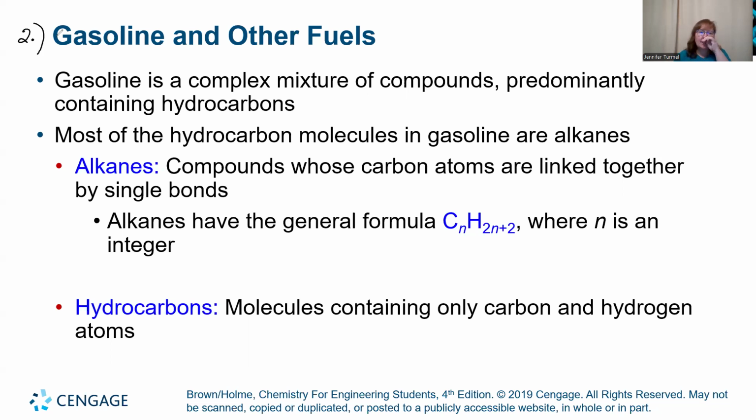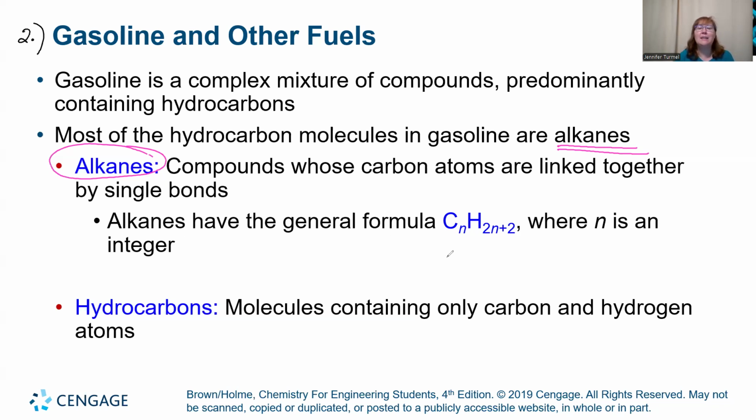We're looking at gasoline and other compounds that are primarily or predominantly hydrocarbons. Most of the hydrocarbon molecules in gasoline are something called an alkane. Alkanes are compounds whose carbon atoms are linked together by single bonds. Alkanes have a general formula of CnH2n+2, where n is an integer.